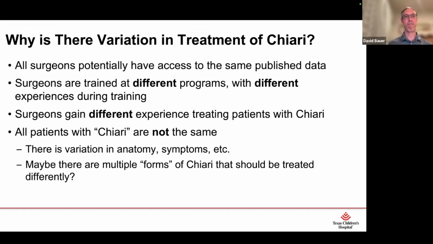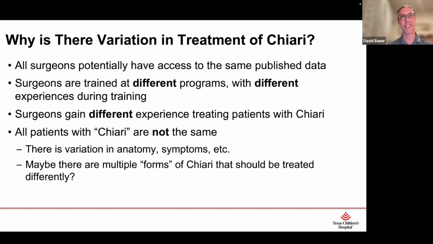So with all of this, as a patient, I would ask, why is there variation in the treatment of Chiari? I know it can be confusing to read different studies and different ways of treating Chiari, and wonder how come different surgeons are treating patients in different ways.